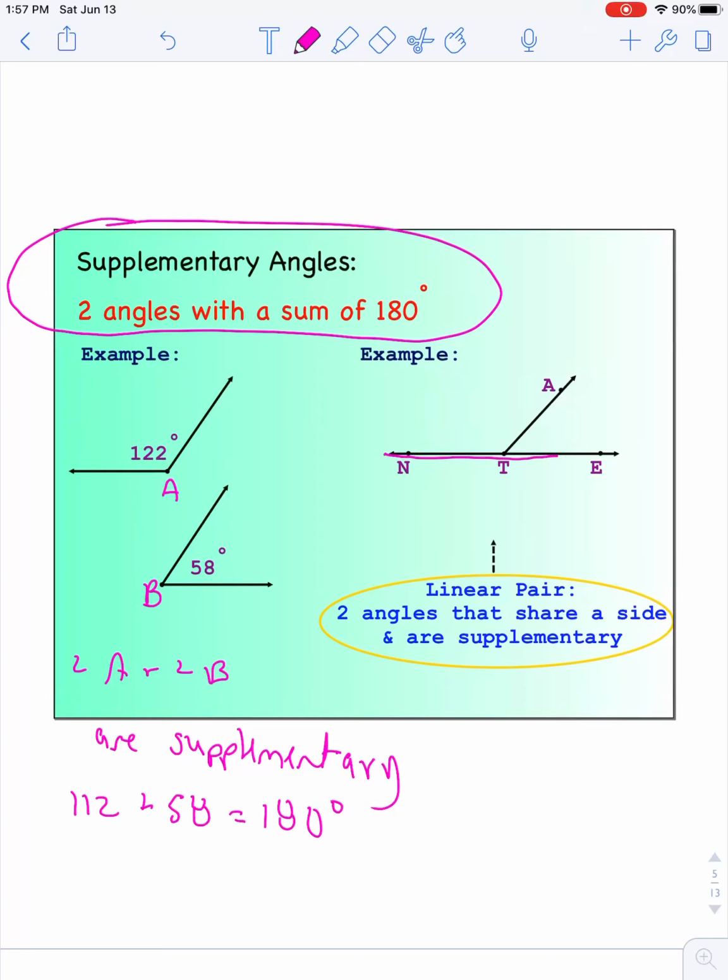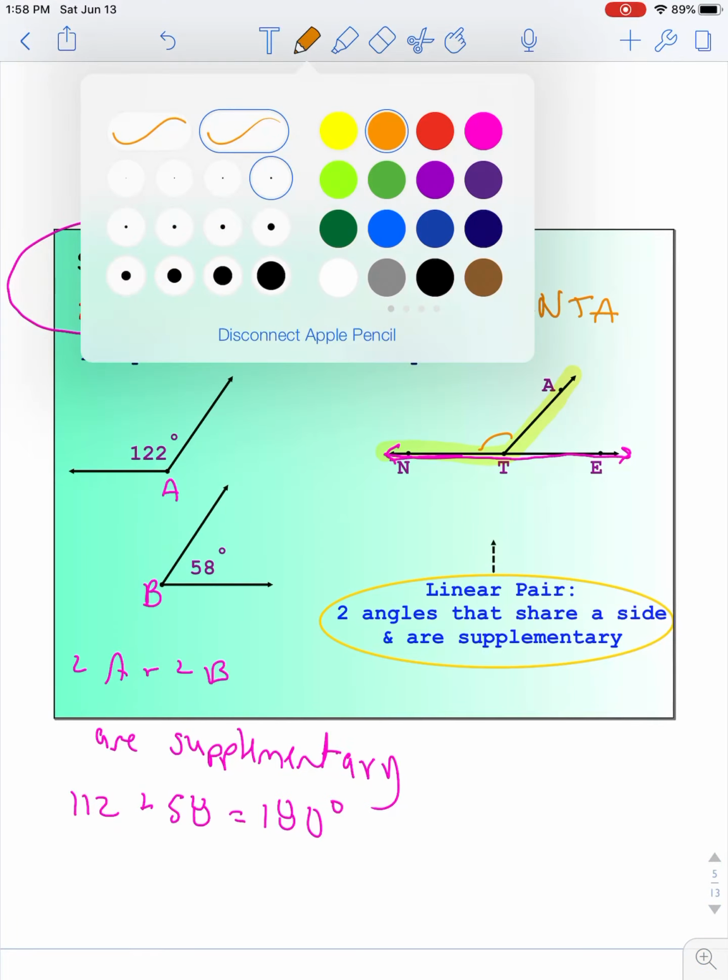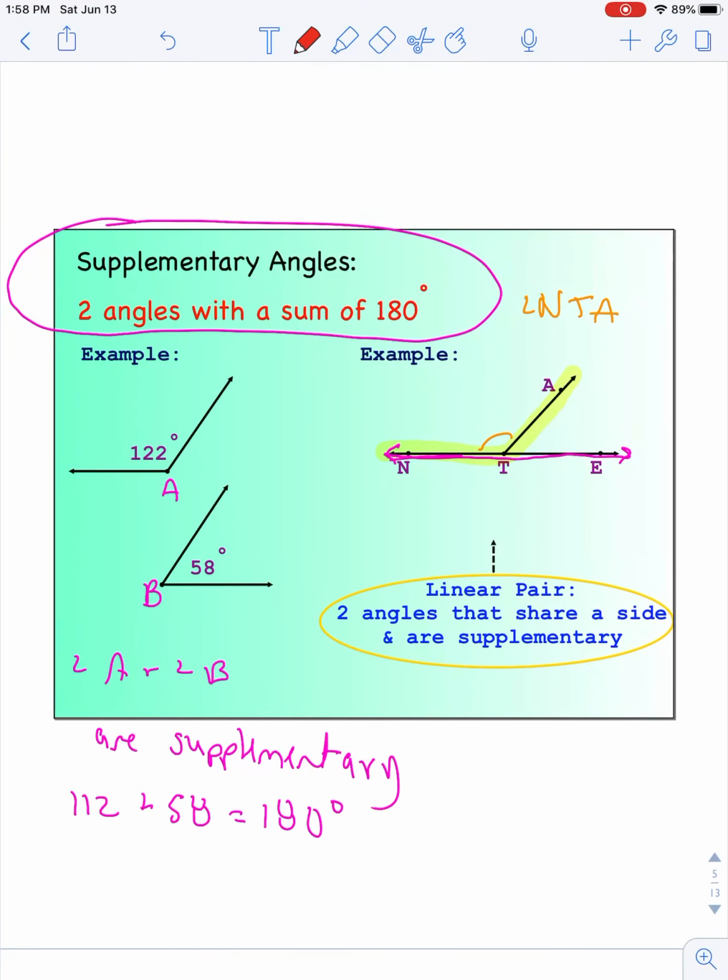when we have these two angles right here drawn within themselves, they form what's called a linear pair. So this angle right here, angle NTA, we use a different color for this. We have angle NTA, and we have this other angle in here, angle ATE right here.